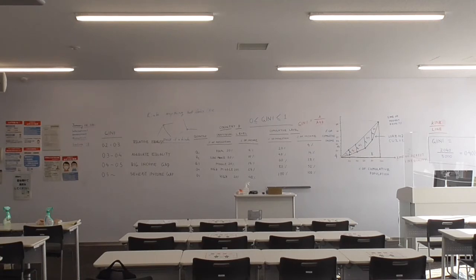I see. I'll take one or two more responses. Probably a student may know it. I think Japan is now from 0.3 to 0.4, somewhere around there. The income gap is not big.